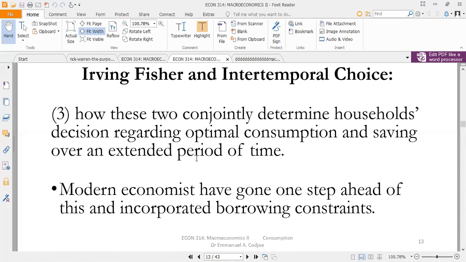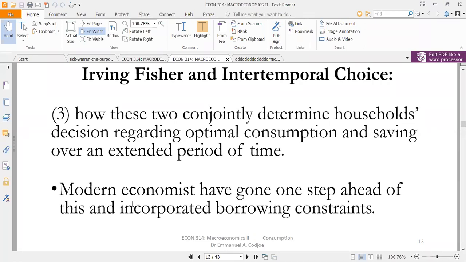Okay, his lifetime satisfaction. But here, if we are saying that you can consume more or less in the current period or more or less in the future period, then it means that it's possible you can borrow today or you can borrow in the future.